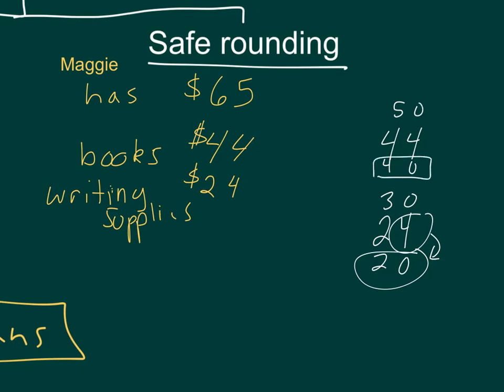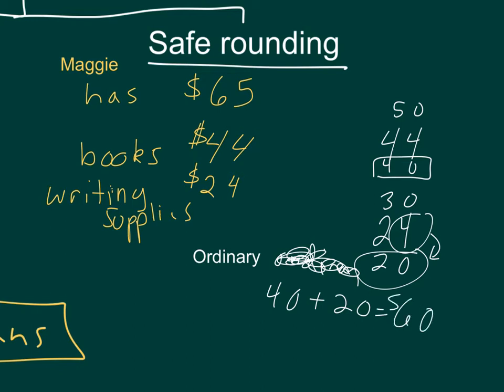So if I used this rounding method, remember this is ordinary right now, I would say 40 plus 20 is $60. So the total cost of those two items would be about $60, which is true, but this tells me that she could afford it.